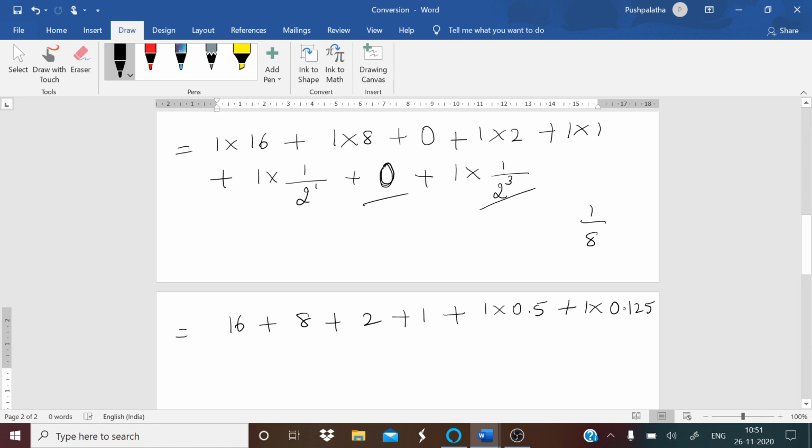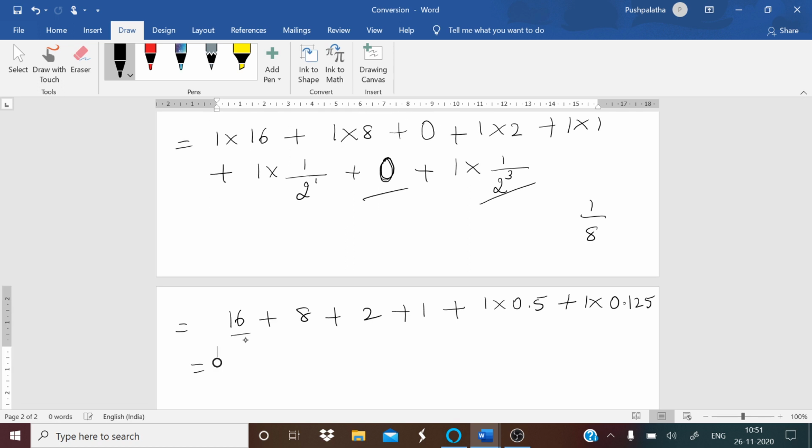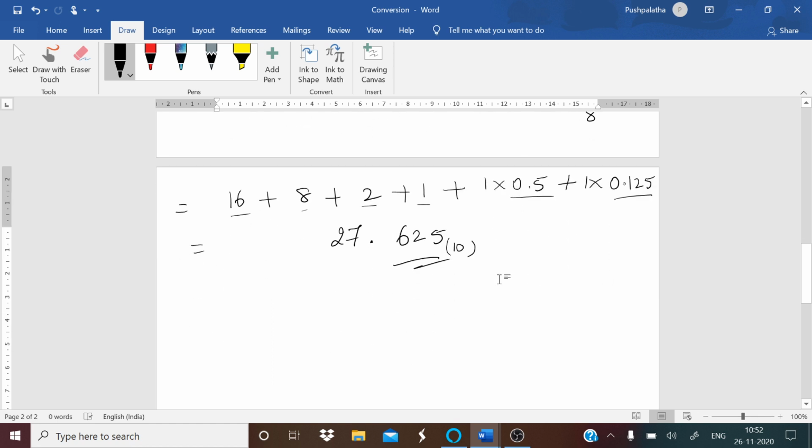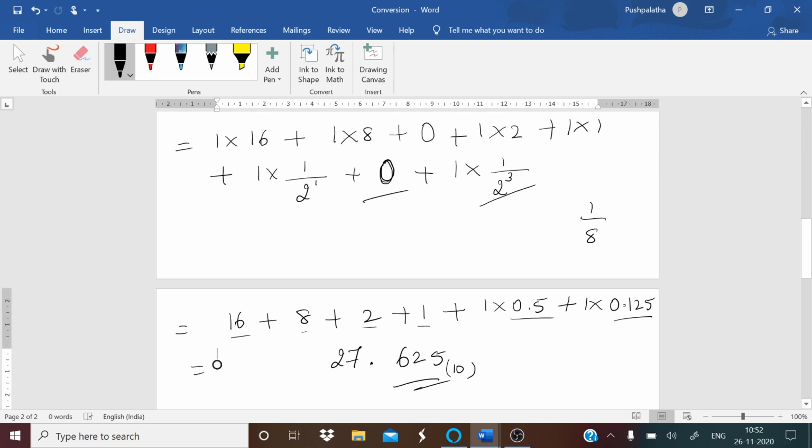So what is the final answer? 16 plus 8 is 24, 25, 26 and 27. 27, and 0.5 plus 0.125 becomes 0.625. This is your conversion from binary to decimal: 27.625.